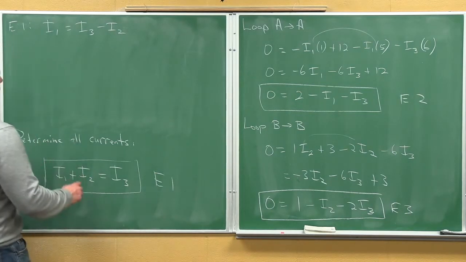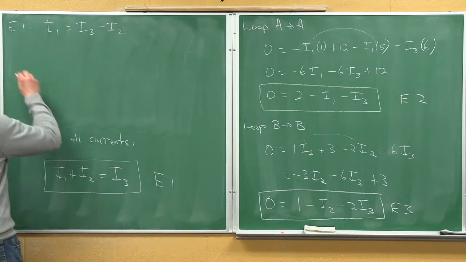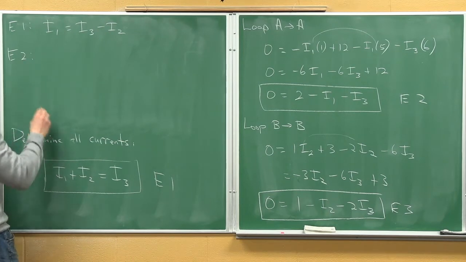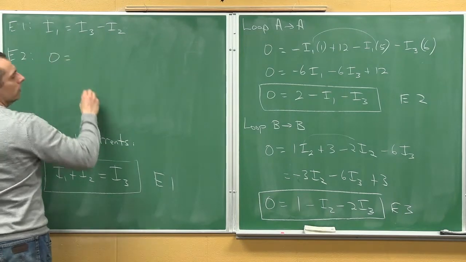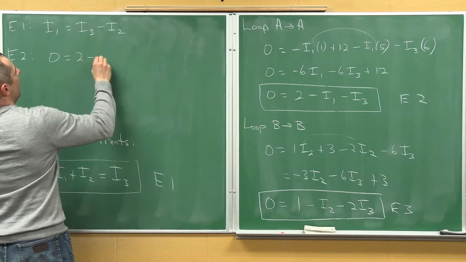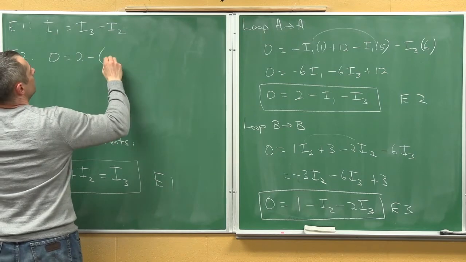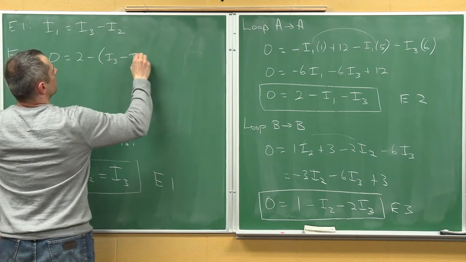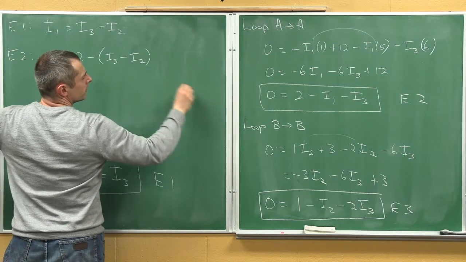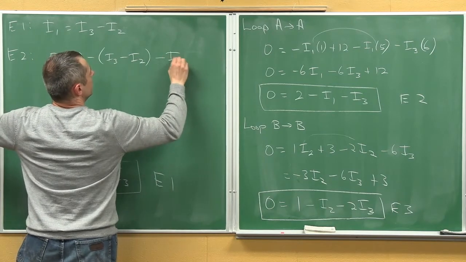So this now goes into equation 2. 0 equals 2 minus I1, which is this, and then minus I3.